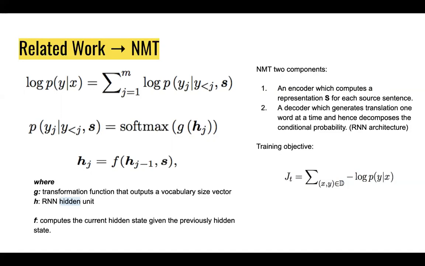If we see the formula on the left, to compute the probability of this sentence, we need to concatenate all of the predicted words and use softmax to get the best one. And the g means the transformation function that outputs a vocabulary-size vector. h_j means the current hidden state. And f here computes this h_j given the previous hidden state.